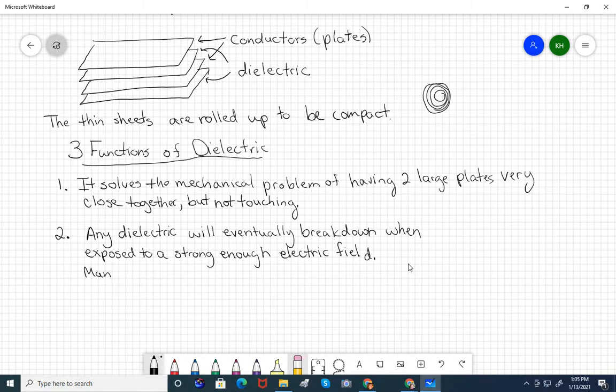Many insulators can tolerate stronger electric fields than air. Okay. One example of dielectric breakdown that you're very familiar with in a way is a lightning strike.